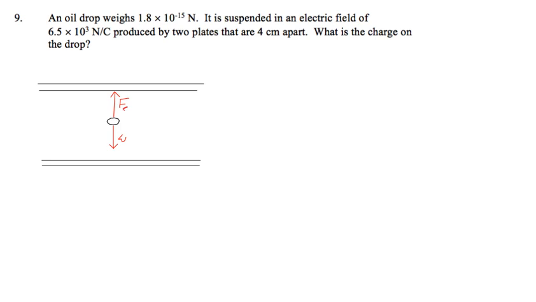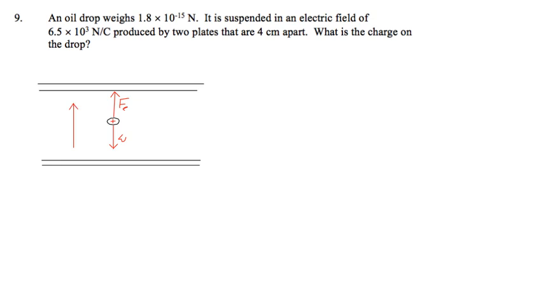Now it says, what is the charge on the drop? It's not really saying whether the charge is positive or negative. To solve this, I can at least get the value, because if it's a positive charge, then the electric field would be in this direction.